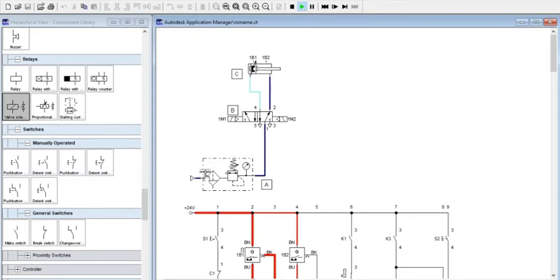When we run the simulation, you can see air flow from the air compressor through the valve, into inlet port 1 to outlet port 2 and into the cylinder.